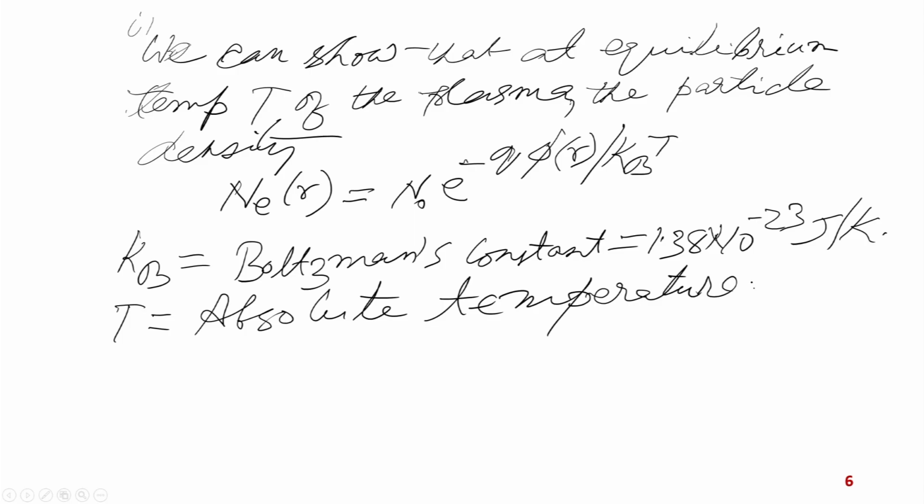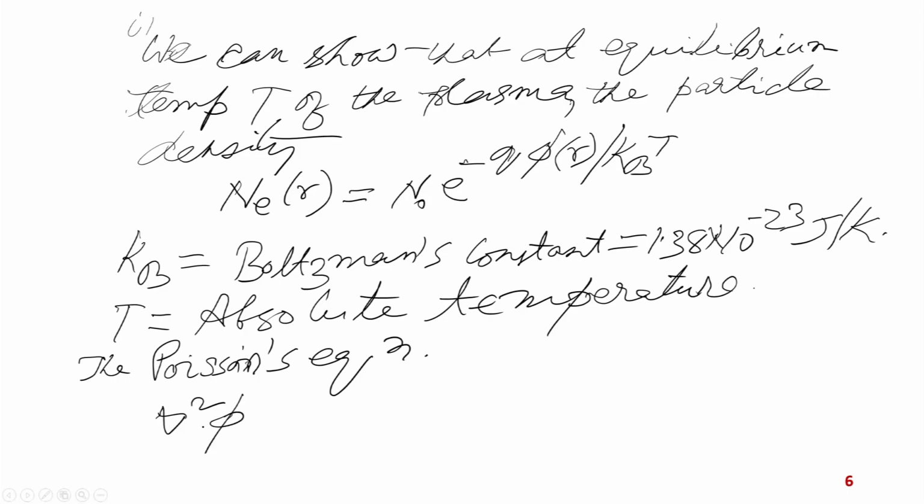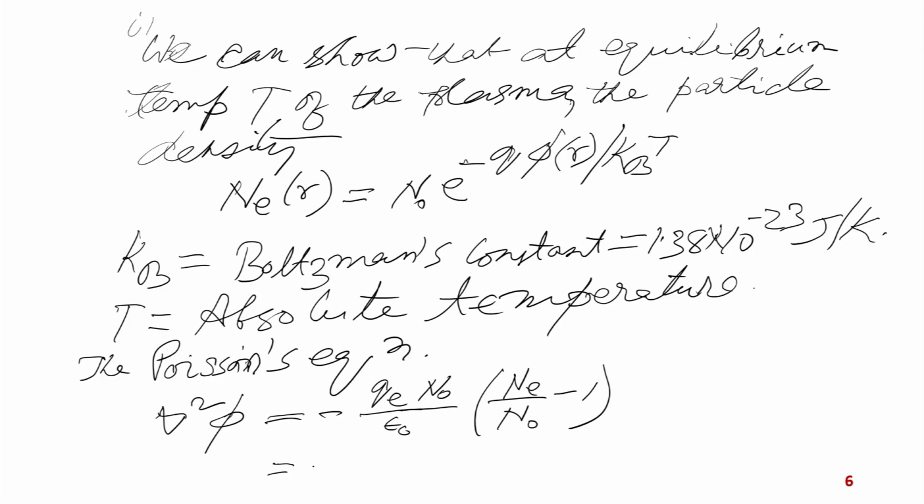So, now if I substitute this in Poisson's equation, Poisson's equation will be del square phi is equal to minus q e n 0 divided by epsilon 0 times n e by n 0 minus 1, which I can write as minus q e n 0 divided by epsilon 0.